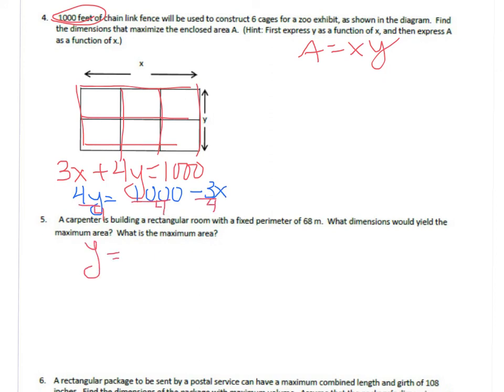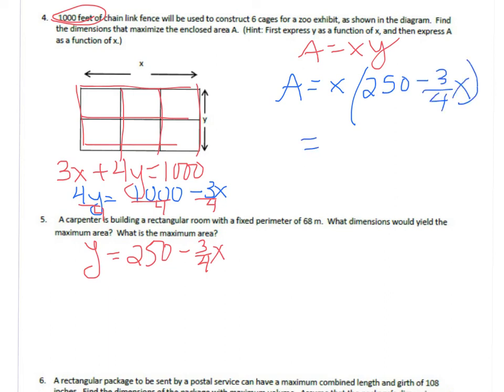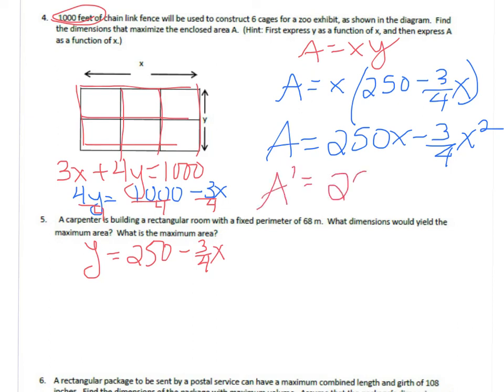We get y is 1,000 divided by 4, 250 minus 3/4 x. We're going to substitute that in here at the area. Distribute the x. Take the derivative. Set it equal to 0 and solve.